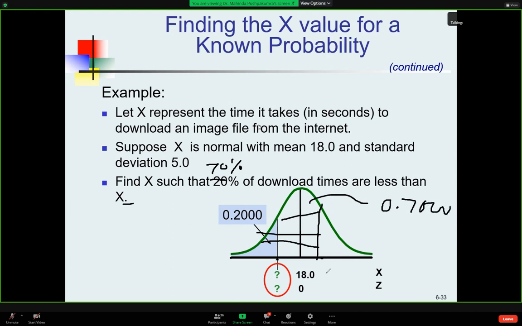Then find the value of x and z here. Try to do this one. Send your answer in the chat box. I'll give maybe two to three minutes. Please do the exercise.